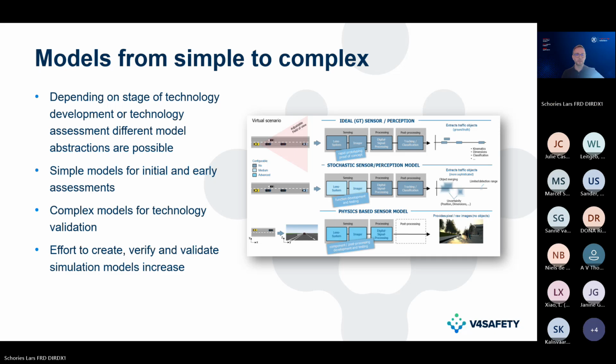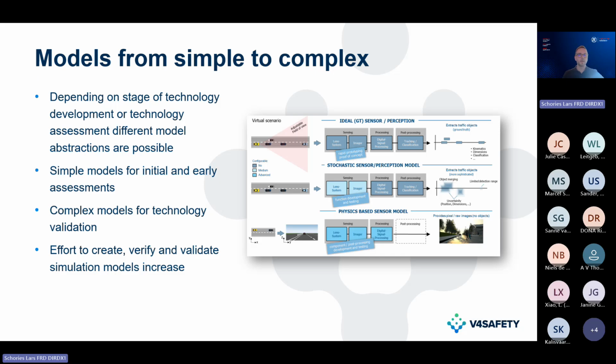Just before stepping into the process itself, talking about the models from simple to complex. You later see questions in the relation of mechanics, but of course, when we talk about sensor models, this is as well something we have to have in mind. And generally speaking, depending on stage of technology development or technology assessment, different model abstractions are possible.